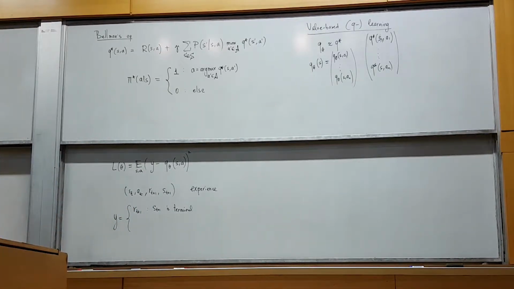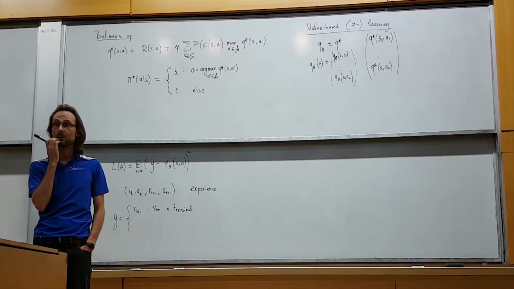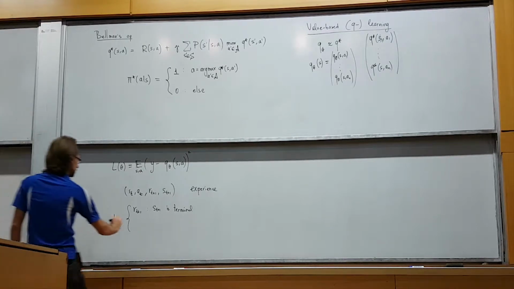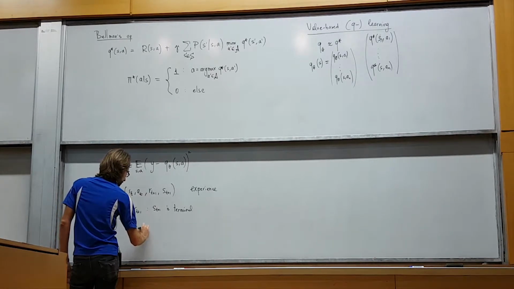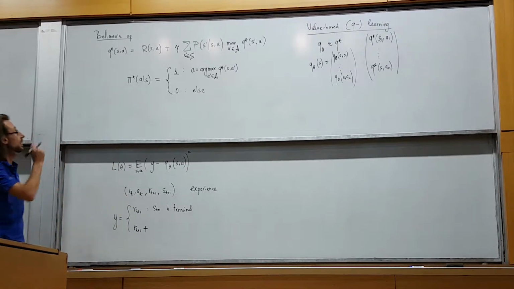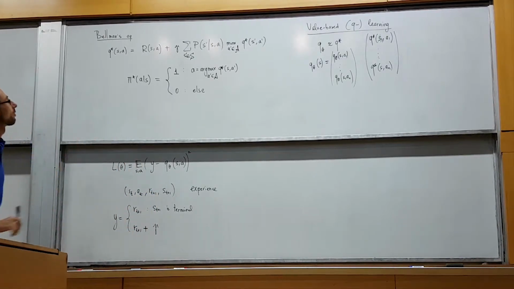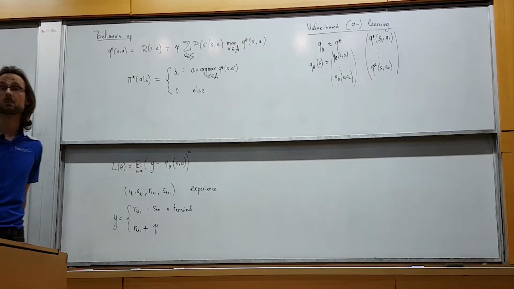Now if S_{t+1} is not terminal, then I have this second term in Bellman's equation that I need to account for. So it will be R_{t+1} plus this second term. First of all, the second term is discounted by the factor gamma, and then it has a maximum over the Q function that is also averaged over the states S', with the transition probabilities of the MDP.